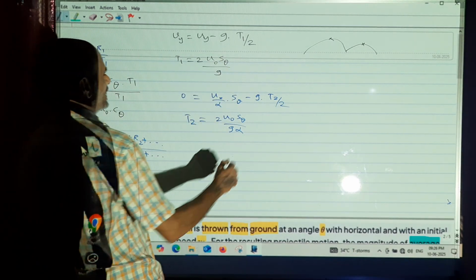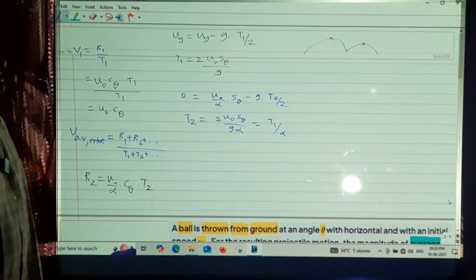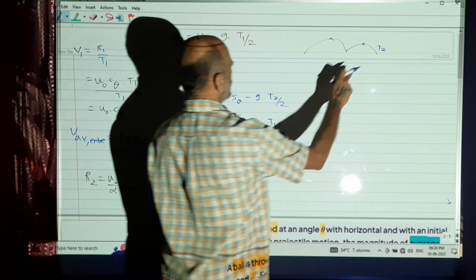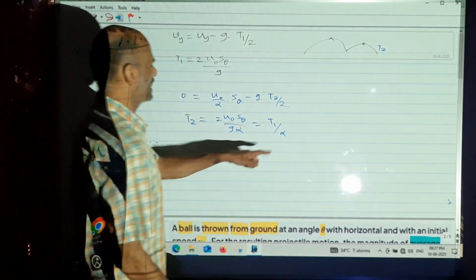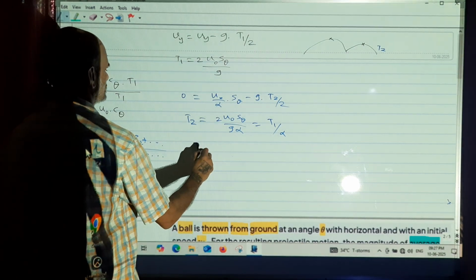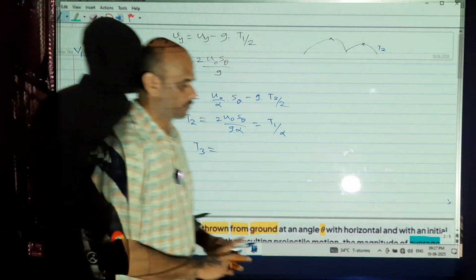So comparing with this, you get T1 by alpha. So the flight time T2 has gone down, has reduced with a shorter path by a factor 1 by alpha. Similarly, we get T3 as alpha square because that's how the motion is.